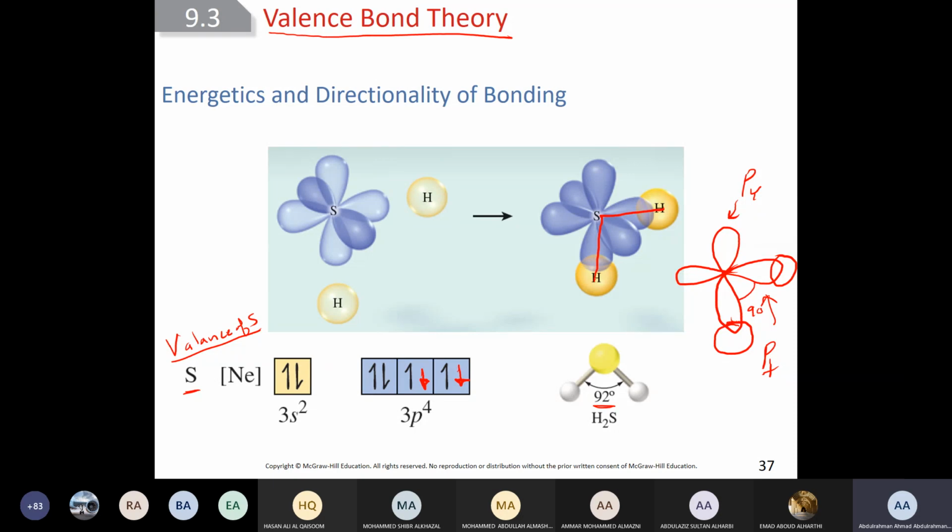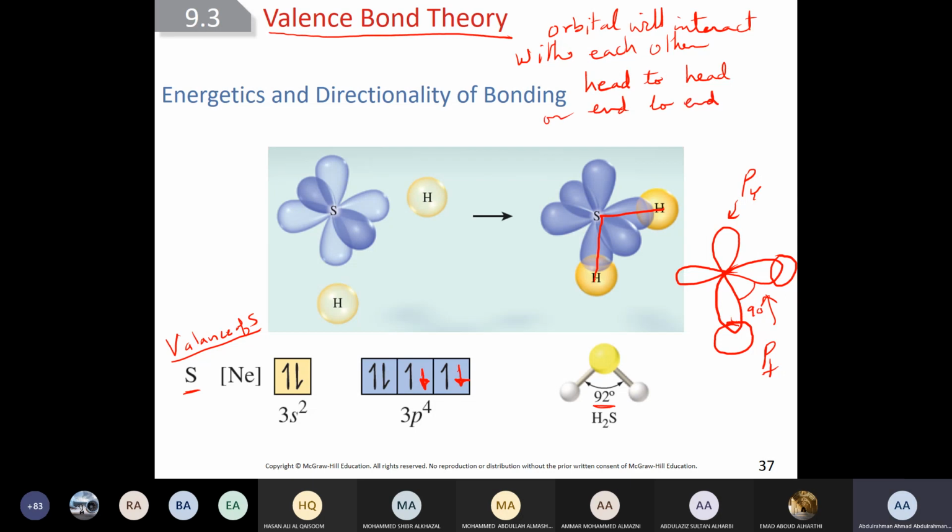That orbitals will interact with each other, and when the interaction is head to head, or end to end, same word, some people use this one, some people use end to end, then we call this bond sigma. Is this clear? That is valence bond theory.